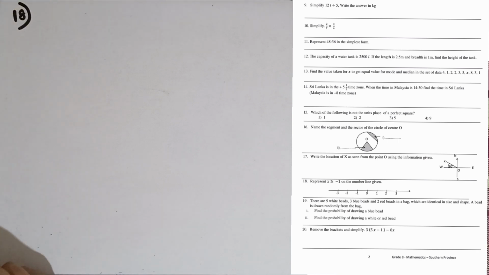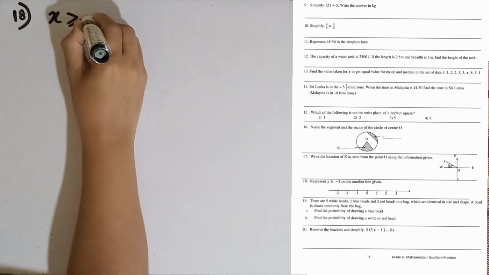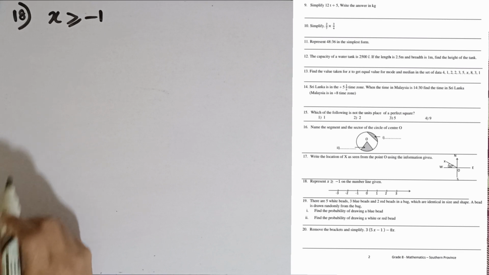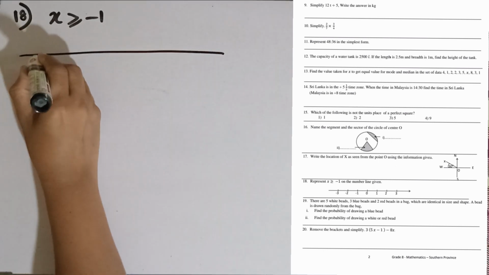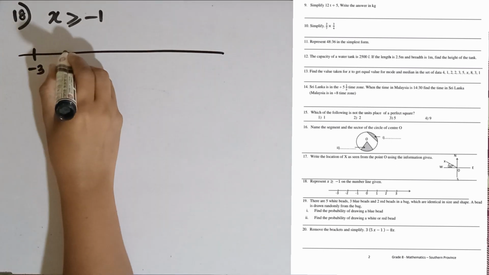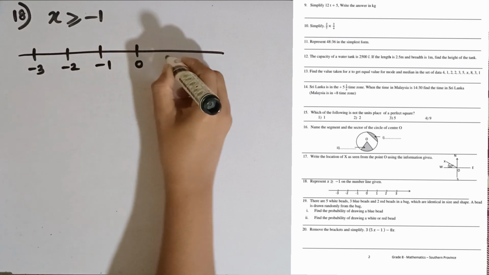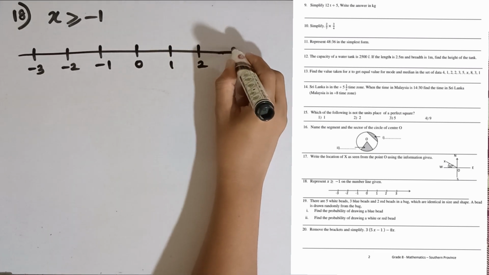Question number 18. Represent x greater than or equals minus 1 on the number line given. Let's draw the number line first. Minus 3, minus 2, minus 1, 0, 1, 2, enough.